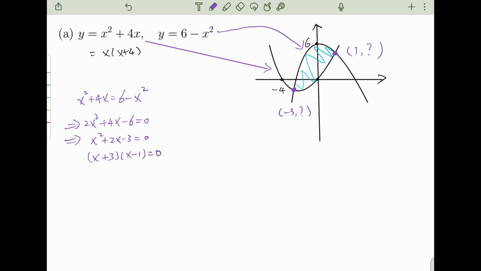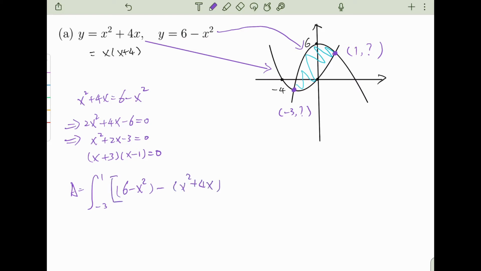Now we can write out the area. A is equal to the integral from -3 to 1 of the upper curve minus the lower curve.